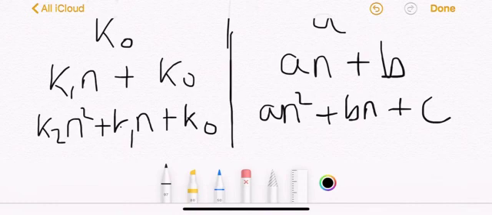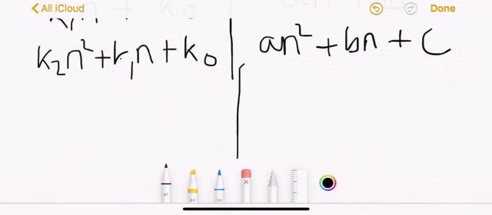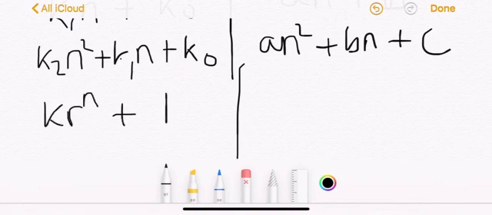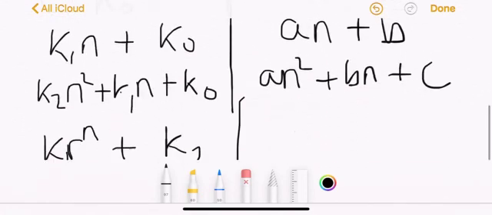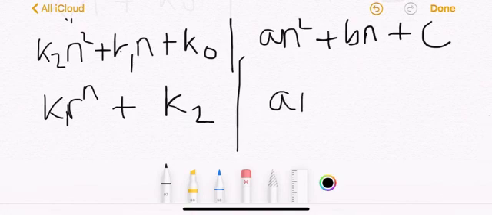Let's say we had some f of n that was k_1 r^n plus some constant k_2. Well, we combine our two results up here. So our general particular solution here would be a r^n plus a constant, because k_2 is a constant, b. These are the general things we can do, and it works in most situations.